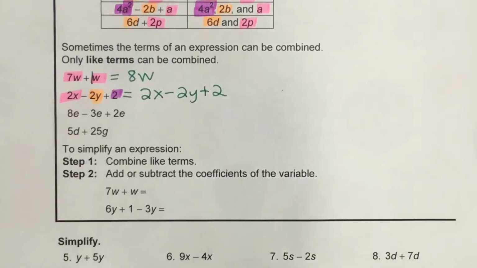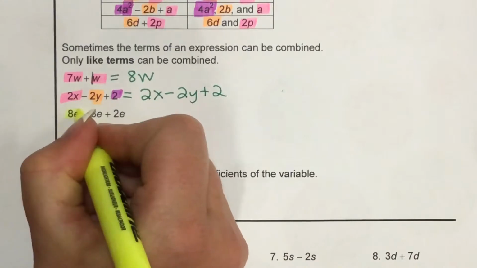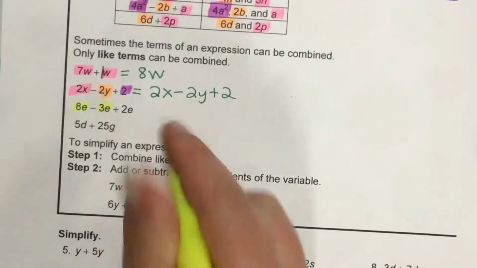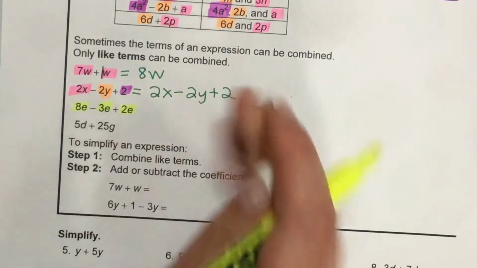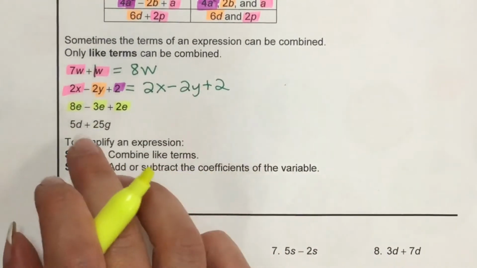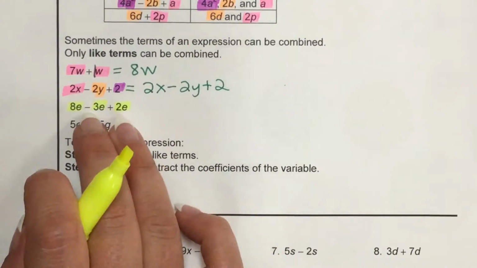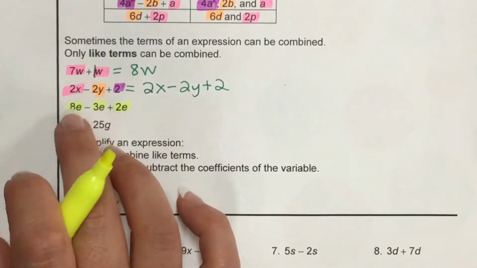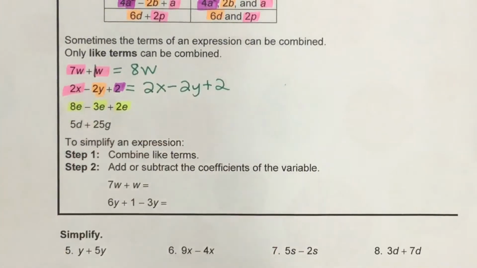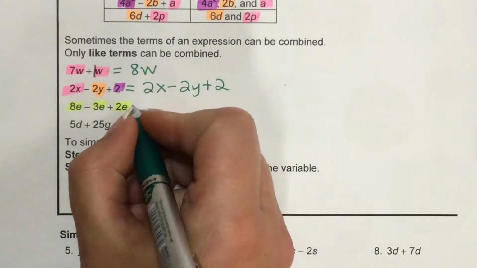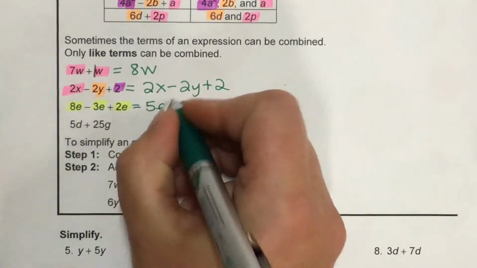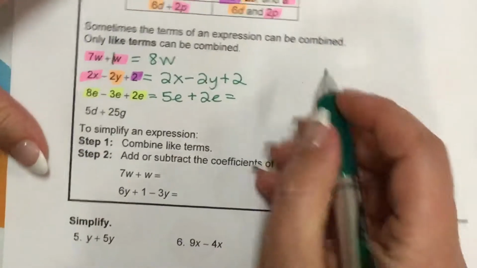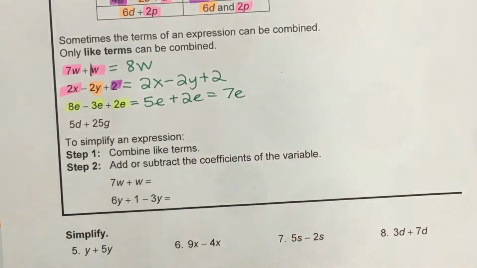We have 8e minus 3e, and that's a like term because it has an e, plus 2e. Okay, so those all have an e, so we can combine all of them. So addition and subtraction, just order of operations, are on the same level, so we just go left to right. So 8e minus 3e is equal to 5e plus 2e, and 5e plus 2e is just equal to 7e.